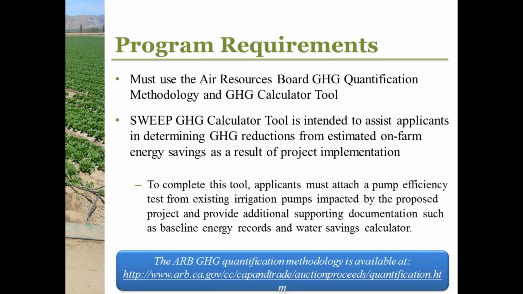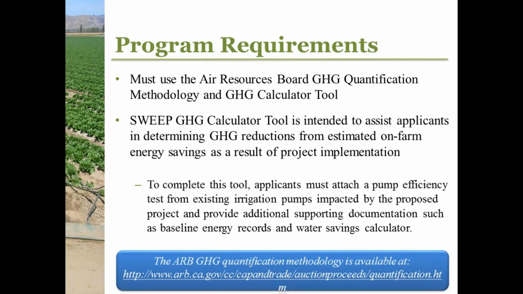Additional program requirements. Since the funding is from the Greenhouse Gas Reduction Fund program, and ARB, the Air Resources Board, is the lead agency, they have created a quantification methodology and a greenhouse gas calculator tool. This tool must be used for submission of the grant application.